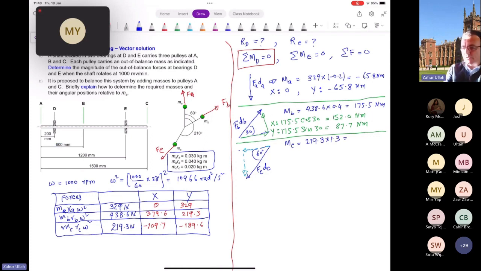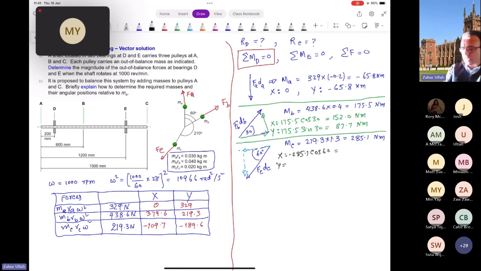And this will be equal to 285.1 Newton meter. So this is how you calculate the MC. And now we need to calculate its X and Y component. So if you calculate the X component of MC, that will be 285.1 cos 60. And obviously this will be negative.